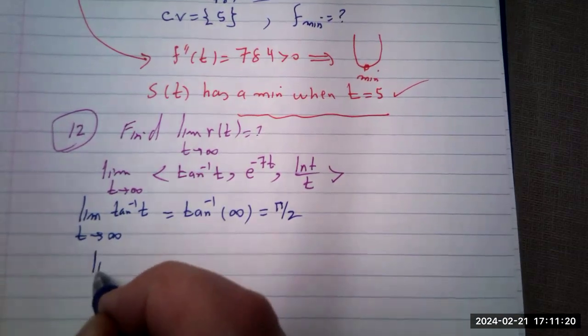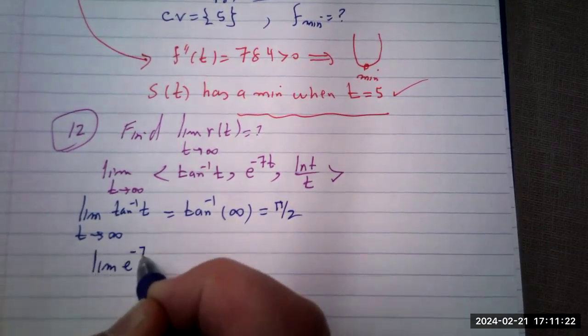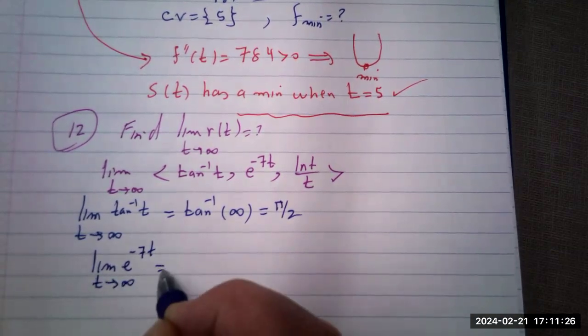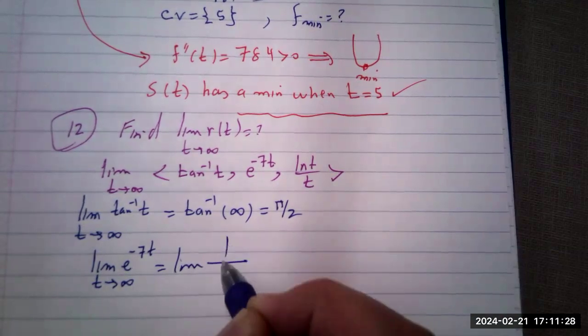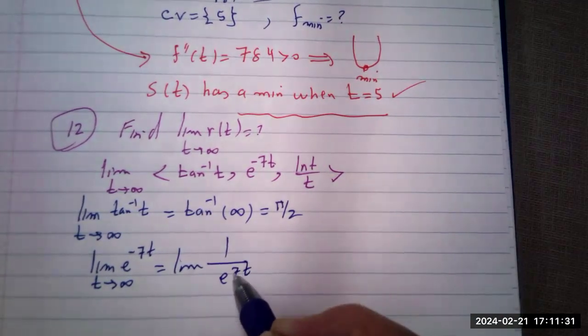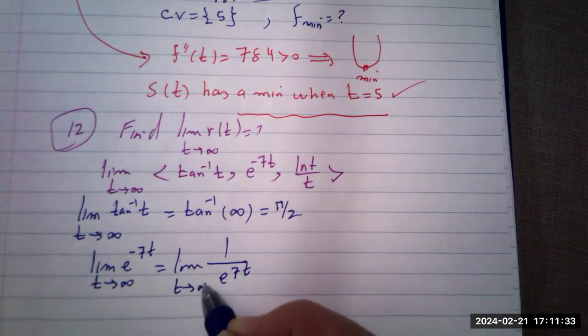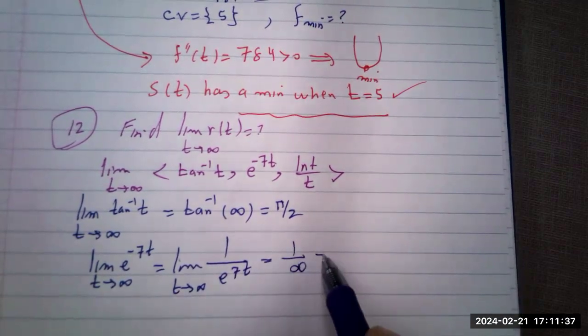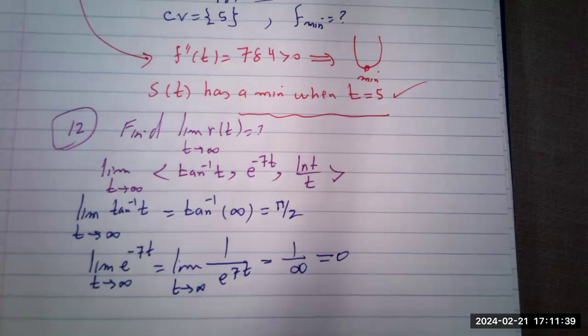The second one: you want to find the limit of e to the negative 7t, t goes to positive infinity. You switch it into the positive power, 1 over e to the 7t, t goes to infinity. If you substitute infinity, you get 1 over infinity, which is 0. Okay, that's the second one.